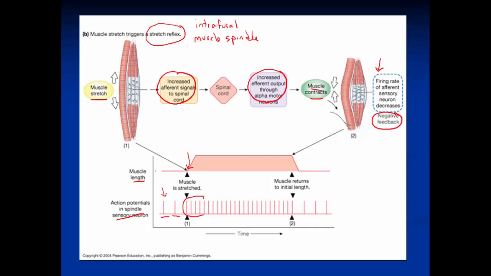Now, this sensory neuron is going to increase its firing rate until the muscle returns to its initial length. Okay? So, as long as the muscle is long, we're going to get increased firing. When that happens, we're going to get stimulation of the alpha motor neurons and muscular contraction.